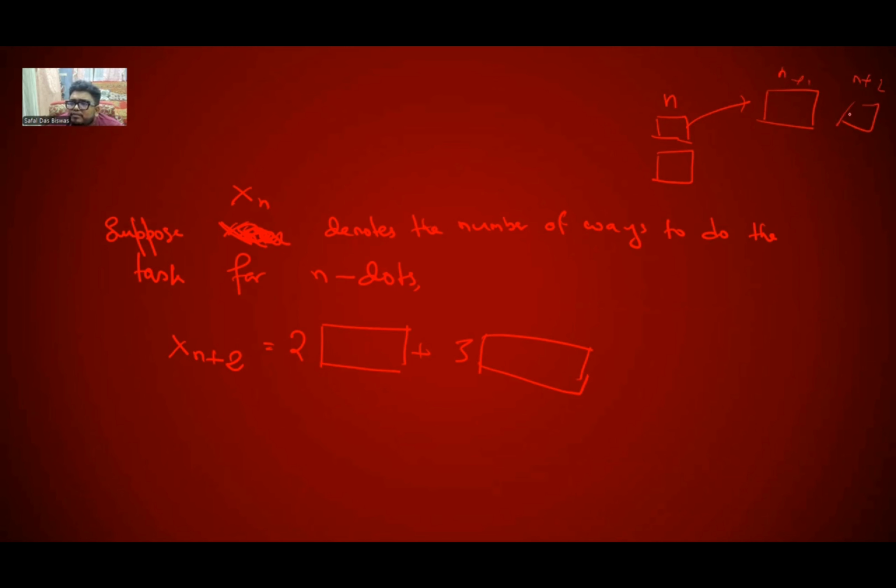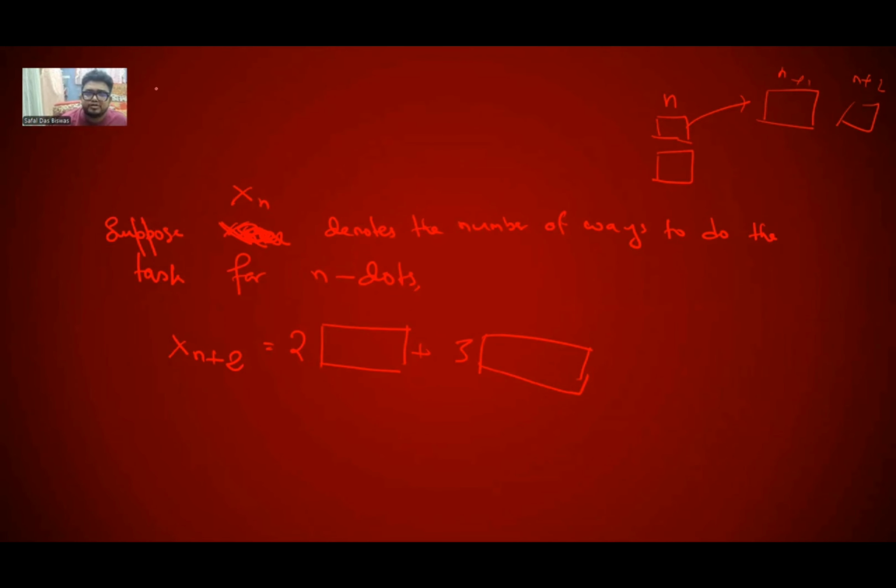We will prove the number of 2's in the n plus 2th stage is equal to the number of ways this can be done in n. So n plus 1 has how many 2's? Exactly the number of boxes in this n plus 1.